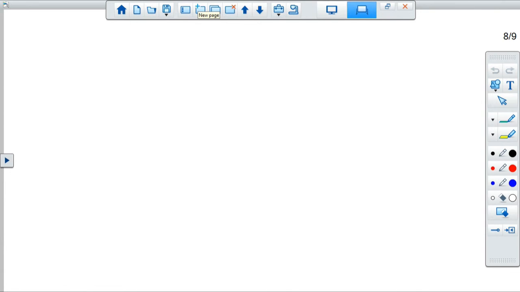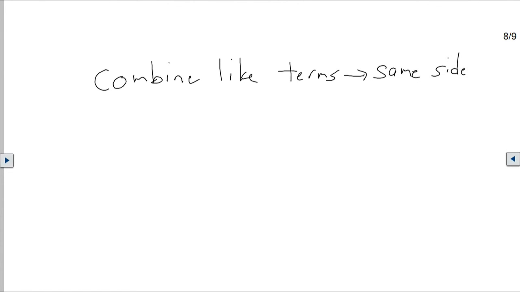Okay. So to recap, make sure we combine like terms. Okay, and make sure we only do that on the same side of the equal sign. Right? Don't combine things on the left side of the equal sign with things on the right side.